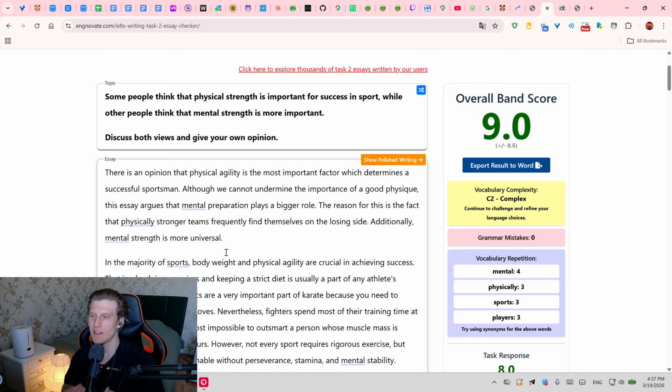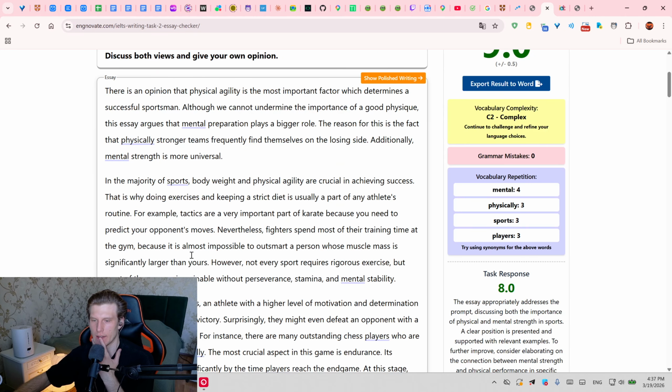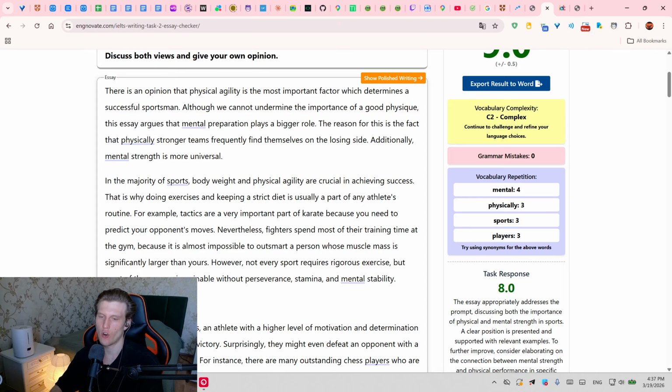When you can't think of synonyms, that's fine. That's not that big of a deal. It's much worse when you're trying to use a synonym and it doesn't work. Like when you're trying to use, instead of sports, for example, you said sport disciplines. And sport disciplines is just grammatically wrong.